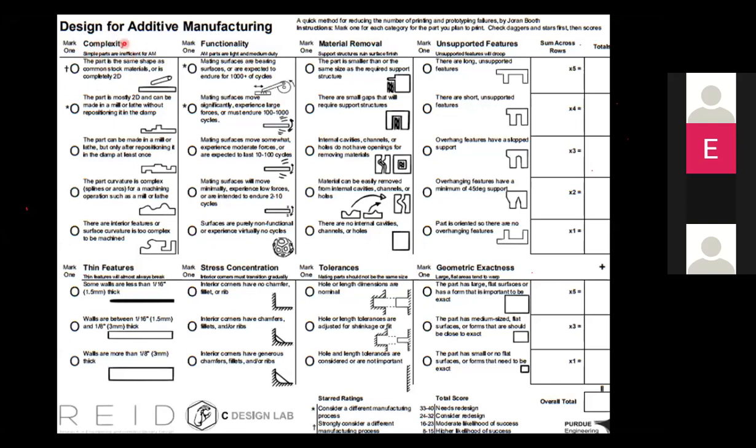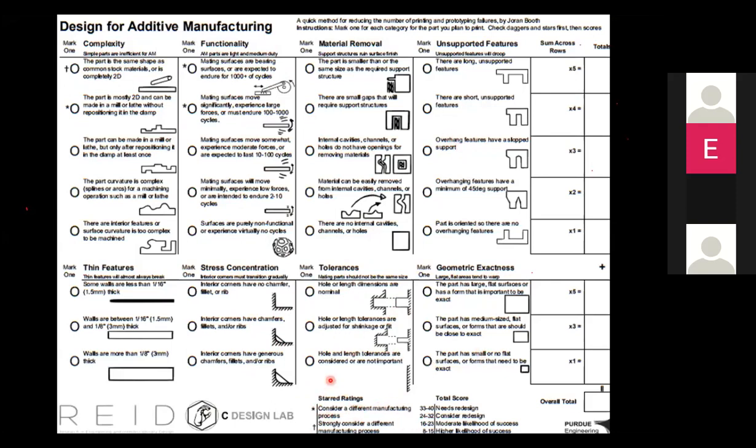One will be the level of complexity, and one could be the functionality. Others could be unsupported features, very thin features, stress concentration areas, tolerances, and geometrical exactness. So you can just run through your model or scan through your model, and you will get the score.